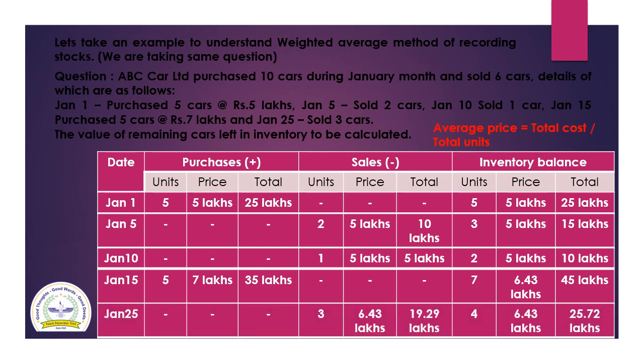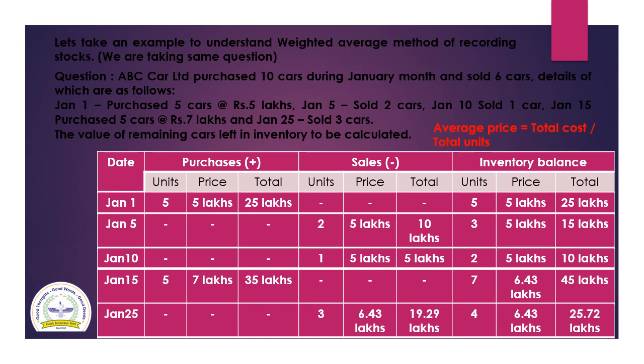Similarly, in the next transaction, January 25, we are selling 3 cars. So 3 cars will be recorded in the sales column. Again, the price will be taken as the average price which we have calculated earlier, 6.43. So 3 multiplied by 6.43 comes to 19.29 lakhs.